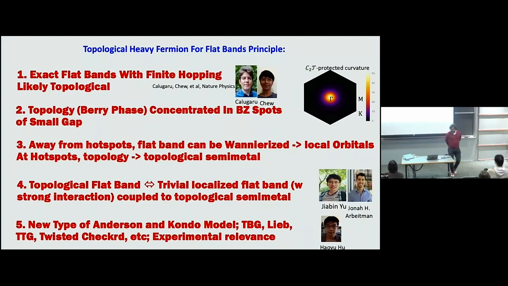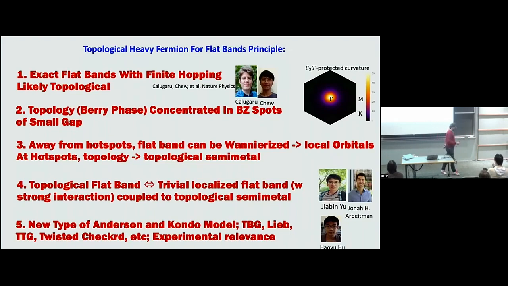And this principle goes as follows. What we're interested in is obviously flat bands that are either topological or have quantum geometry. We're not really interested in flat bands that are just localized electrons with no hopping, right?